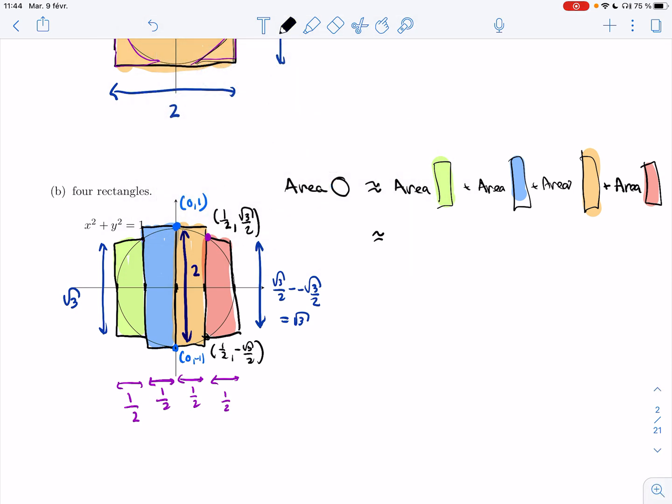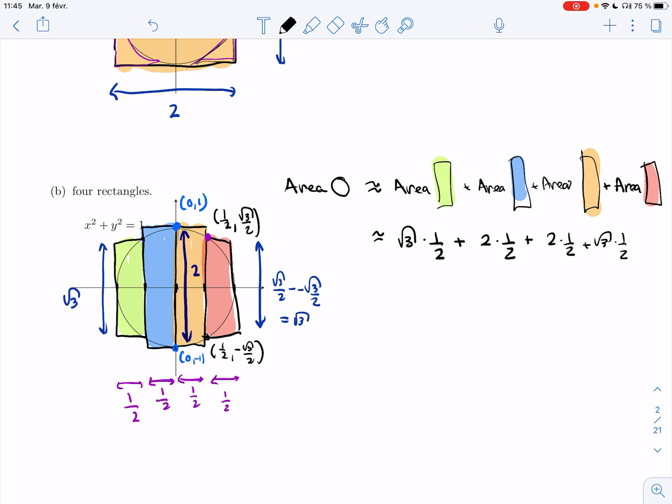So the area of the disk is approximately: the area of the green is this height, which is root 3, times this width, which is 1/2. So it's root 3 times 1/2. The area of the blue, that was 1/2 for the base, and the height is 2, so I get 2 times 1/2, height times base. Then 2 times 1/2 for the orange, and then root 3 times 1/2 for the red.